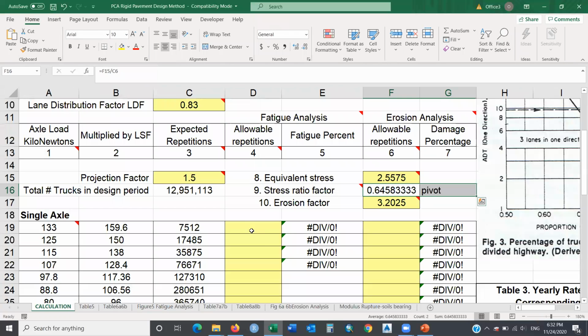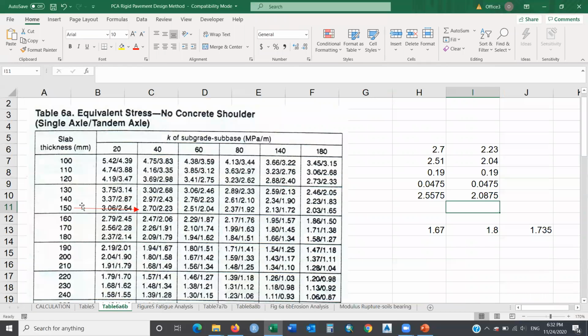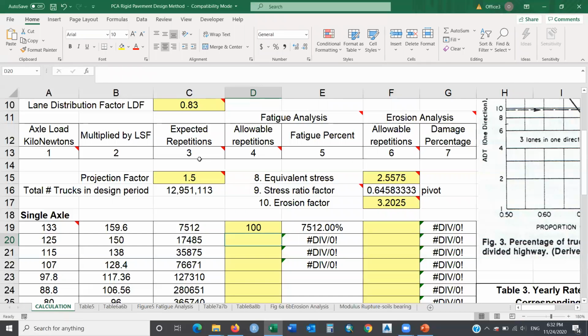The pavement has no capability. But even if you put the 100, this is already at 7,000%. So who chose the 150? Now nobody did, right? So what happens, guys, is that the pavement with 150 millimeters has no capacity for this amount of traffic. 12.9 million, it cannot handle it.